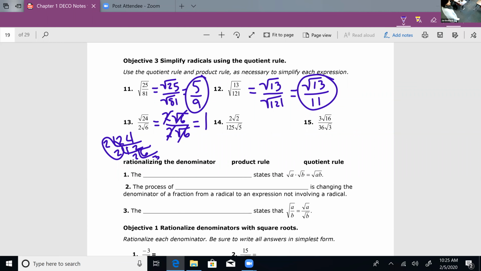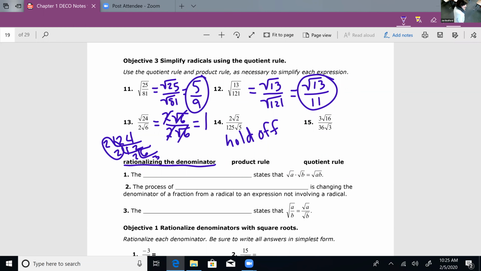Okay, so what we're going to need to do with that is what we're going to talk about down here. It's called rationalizing the denominator. So let's just hold off on that for now. We looked at it. Right now, we don't see anything we can do to clean this thing up, so we're just going to leave it alone for now.